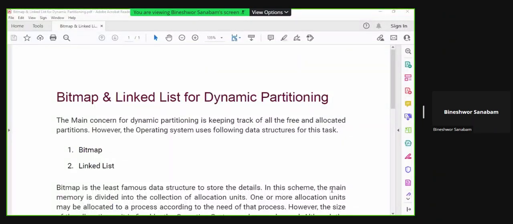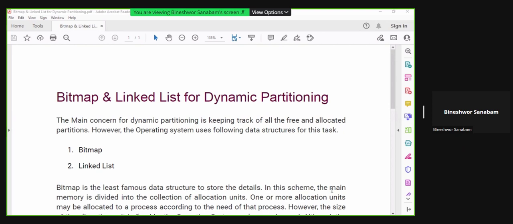Compaction and defragmentation are related to solving this external fragmentation. So coming to dynamic partitioning again, we know that whenever we have dynamic partitioning, we need to keep track of all the free and allocated partitions.